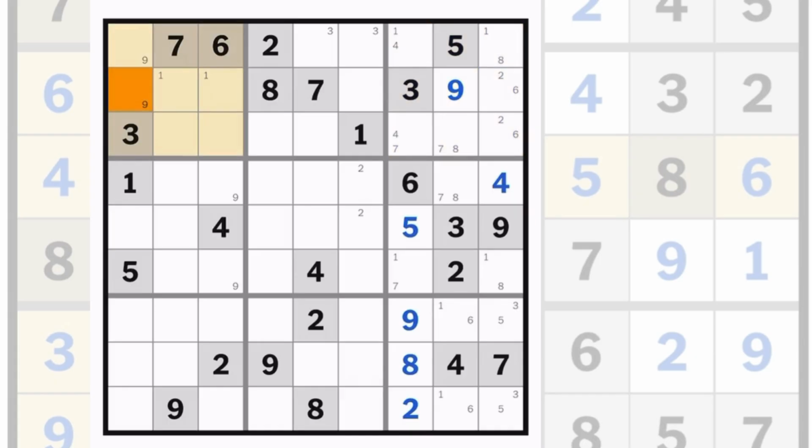Now 9 is already posted here, so we remove 9 from here, in which case this becomes 9. So we post this row. We have already posted 1, 2, 3 is already there, then 4. So this becomes 4. 5 is already posted, 6, 7. Then 8 will not come here or here.